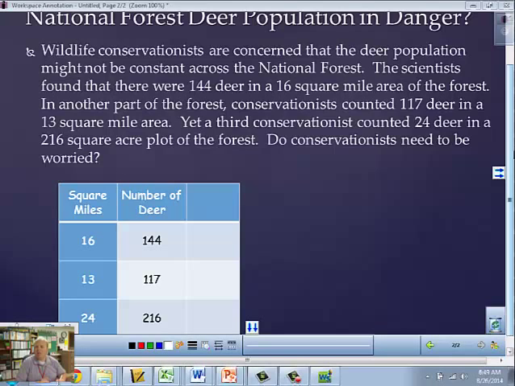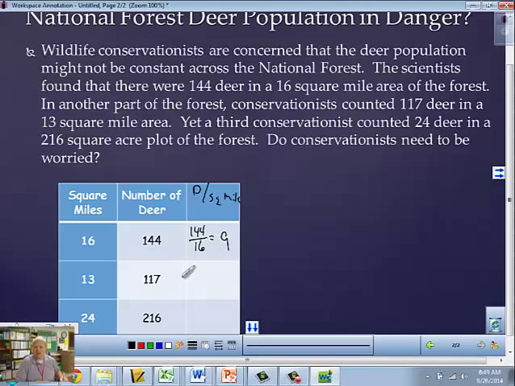Well, for me, I work better if I deal with things in a table. So I made a table for you already with the three different measurements, and we're looking at deer per square mile. When I set this up, I'm going to put 144 divided by 16, and when I do my calculations, that equals 9.